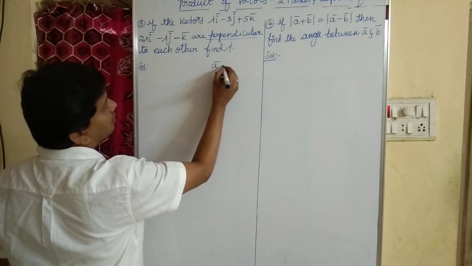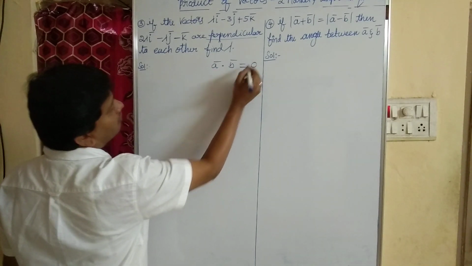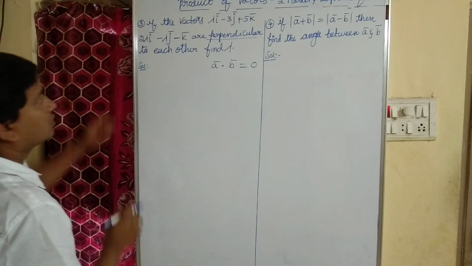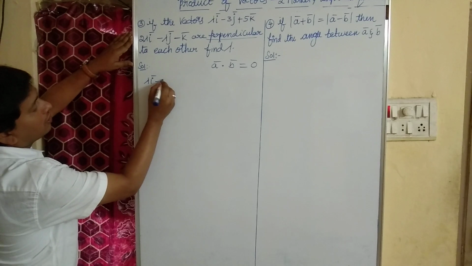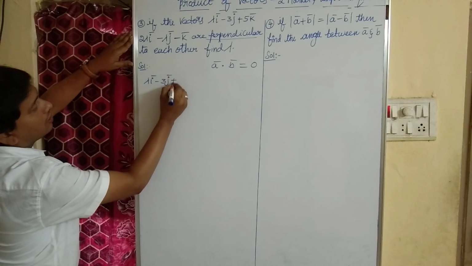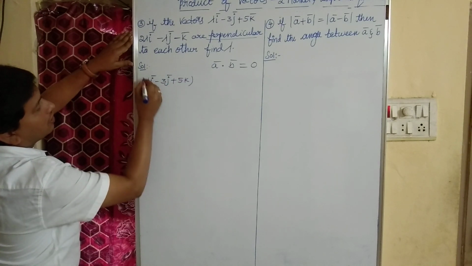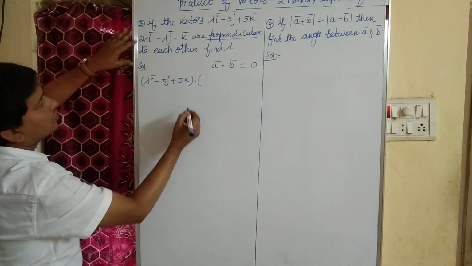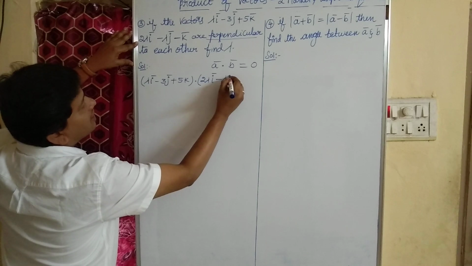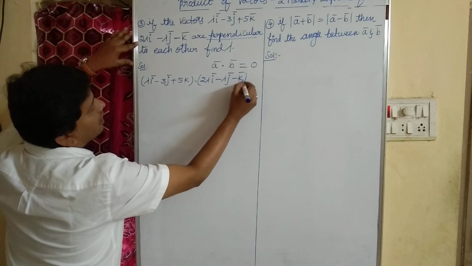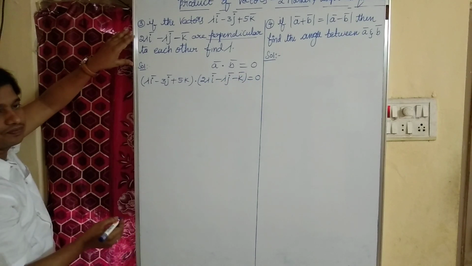Perpendicular in the sense whose dot product must be equal to 0. So let us write the given vectors: (λi bar minus 3j bar plus 5k bar) dot (2λi bar minus λj bar minus k bar) equal to 0.